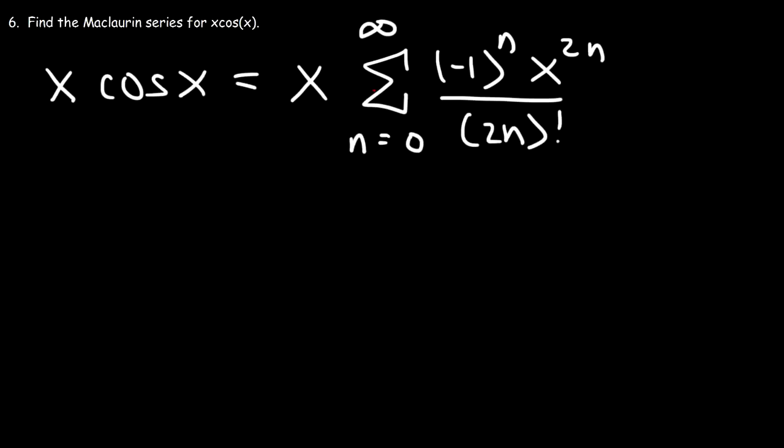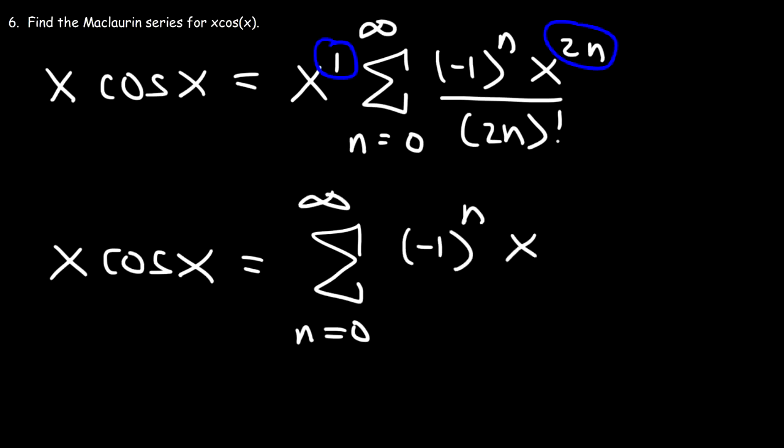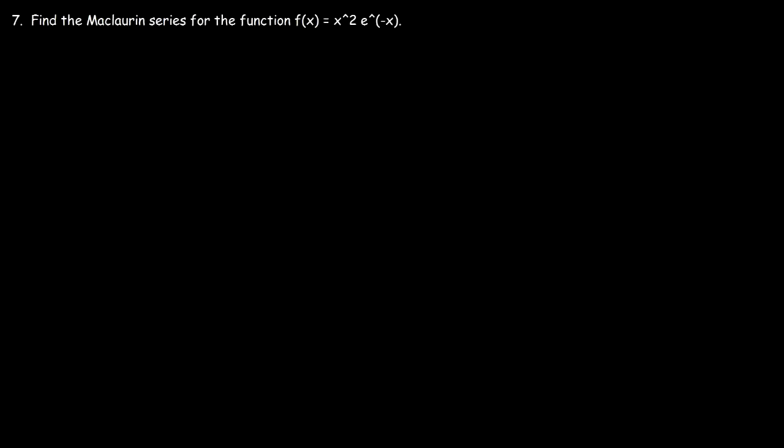So all we need to do is multiply x by x to the 2n. And so this is x to the first power. Therefore, we need to add 1 and 2n. So the Maclaurin series for x cosine x is going to be the summation from 0 to infinity of negative 1 to the n times x raised to the 2n plus 1 over 2n factorial. And that's all you got to do for this problem.